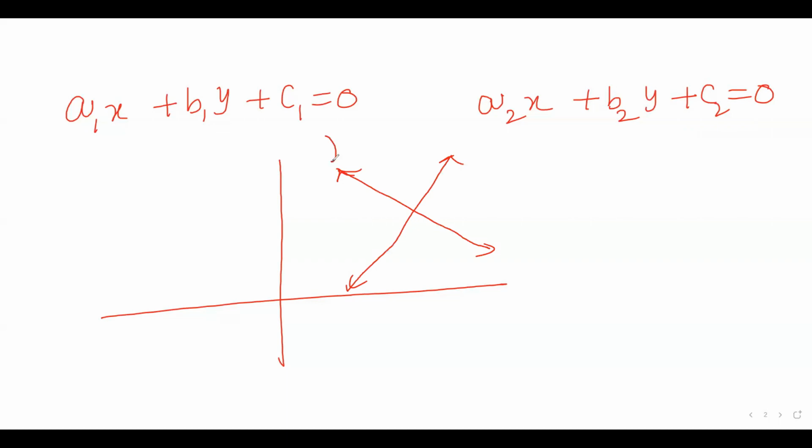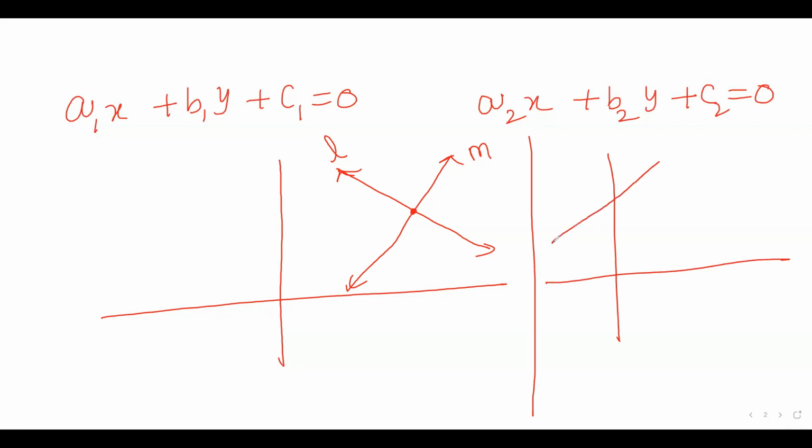I'm denoting first straight line as L, second straight line as M. Chances are there that they both intersect at one particular point. So when you plot, you may get intersecting lines. Sometimes on plotting, you may get parallel lines. These two are parallel lines.